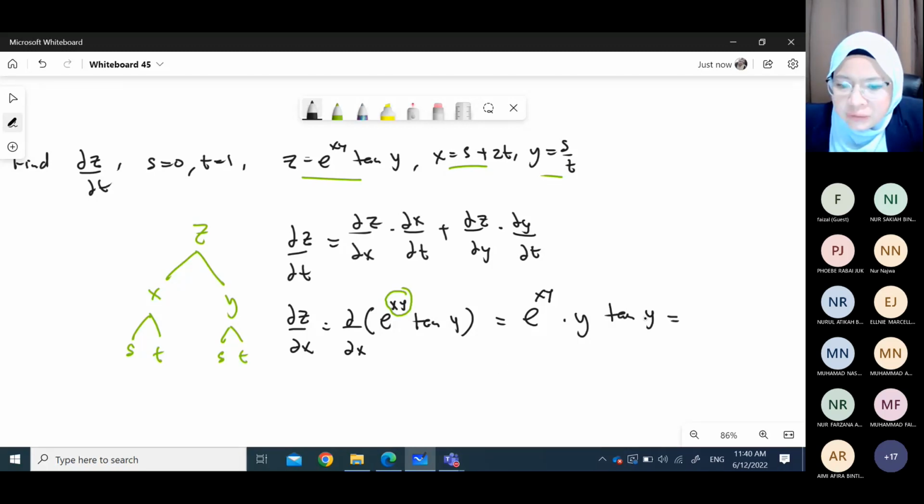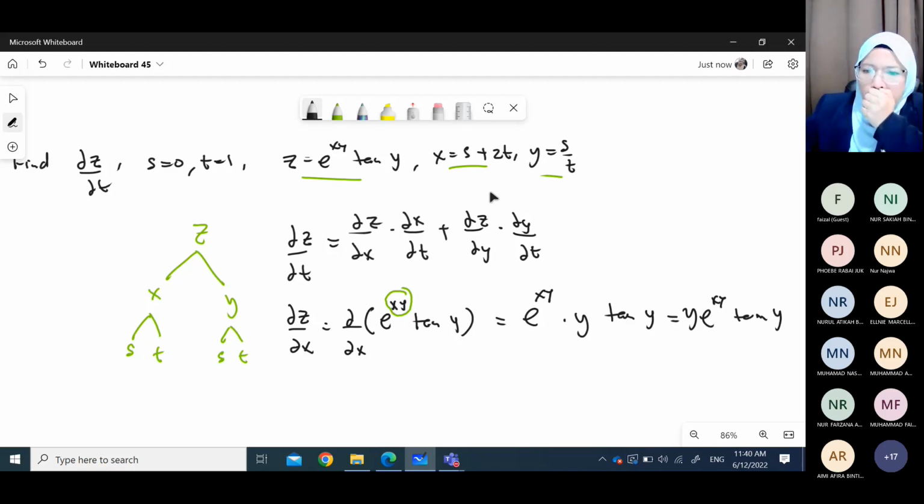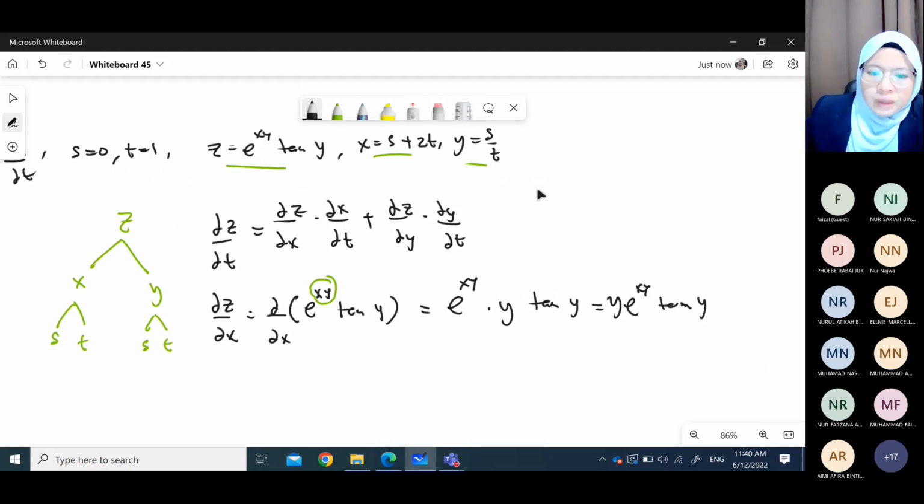So here we have the derivative with respect to x on z. It is y exponent xy tangent y. Okay, so next, del z del y. So we differentiate with respect to y on z. So z is exponent xy times tangent y.